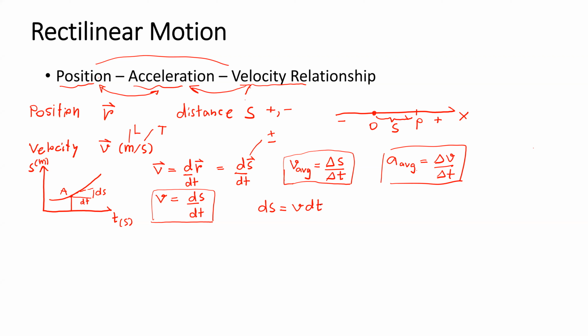So what if we do the integral on both sides? The integral of the distance and the integral of the velocity against time. The integral of the distance begins from the distance at time t equal to 0 and goes to the distance at time t.